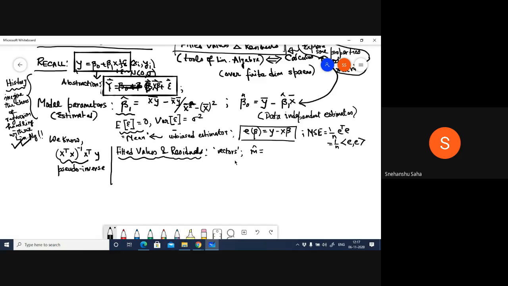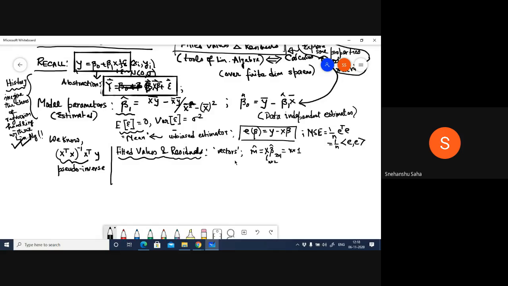This is represented as x beta hat, and you know that this is just an n by 1 vector, because x is n by 2 and beta is 2 by 1. And we also know the value of beta hat.